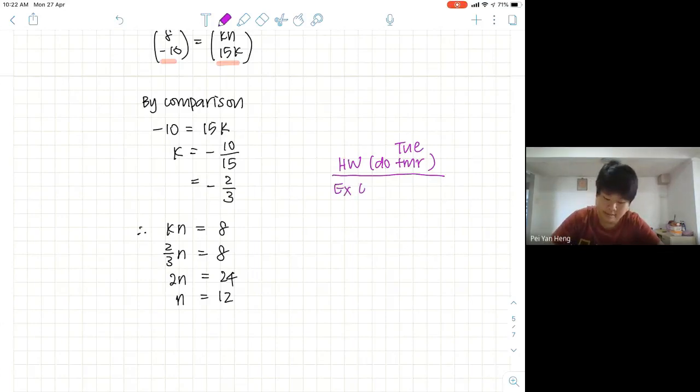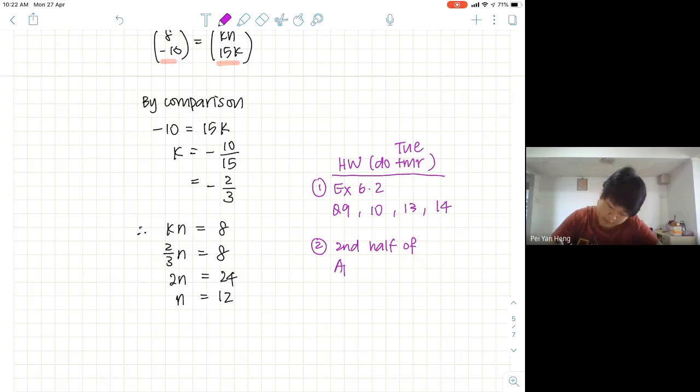Exercise 6.2, questions 9, 10, 13, and 14. This is one thing. The second thing is the second half of April Paper 1.